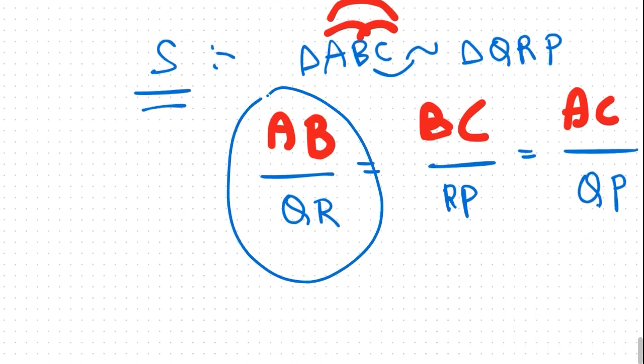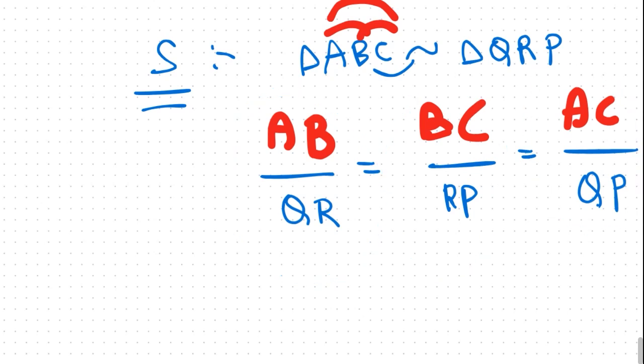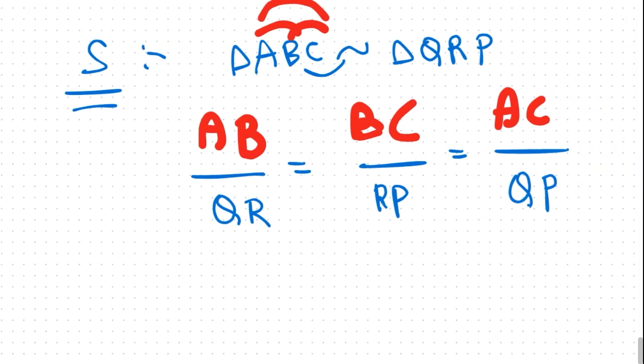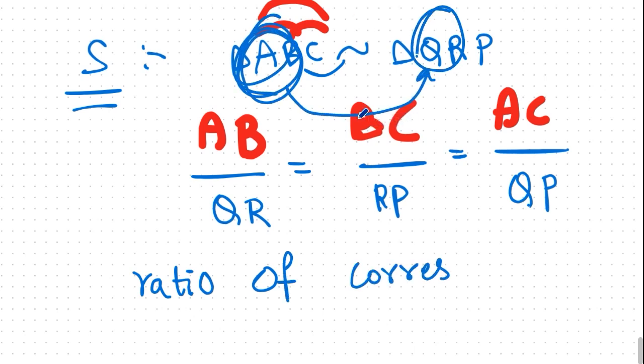So the sides follow this ratio. Basically, the ratio of corresponding sides. Corresponding sides means AB corresponds to QR.